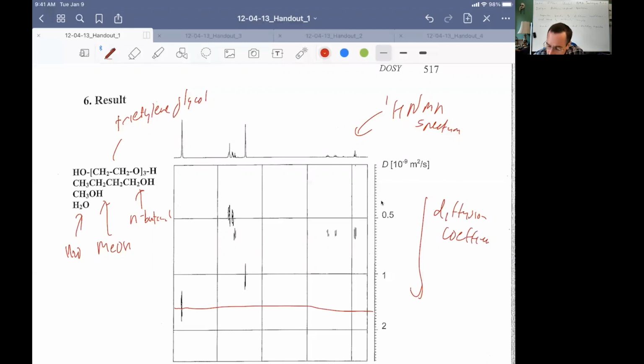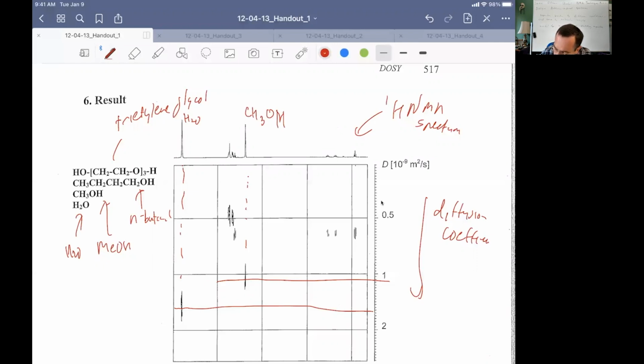And that tells us that this peak over here is the water peak, right? We trace this up over to here. At a slightly lower diffusion coefficient up here, we see another peak. That peak corresponds to the methanol. Methanol is still a very small molecule.